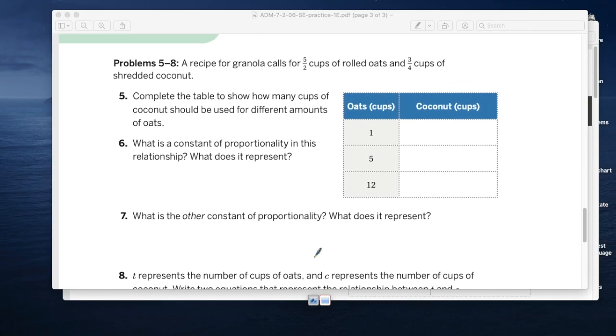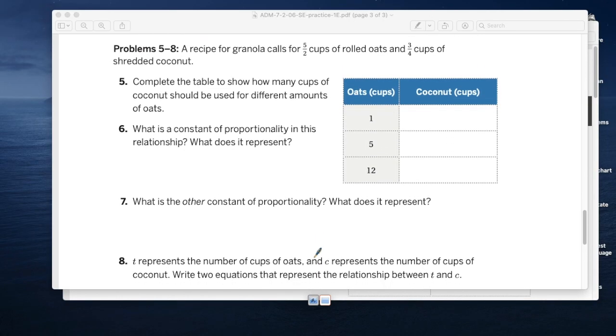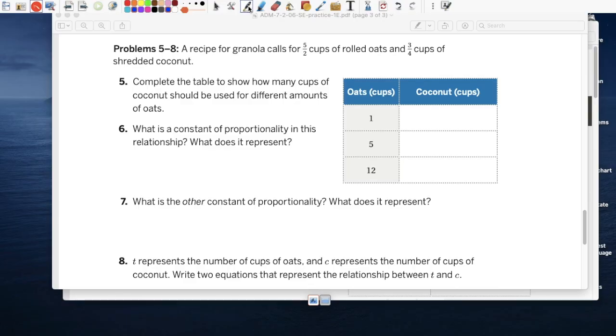Let's go to 5, the next question. This one says, a recipe for granola calls for 5/2 cups of rolled oats and 3/4 cups of shredded coconut. So let me add a column here.